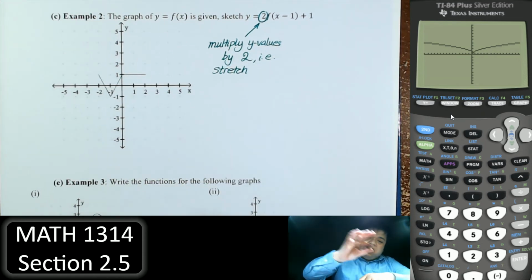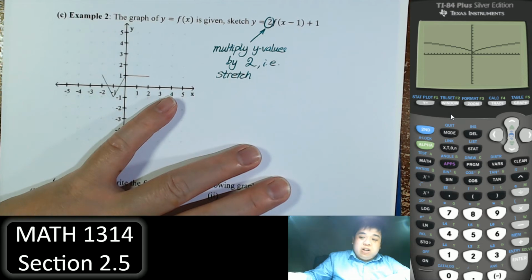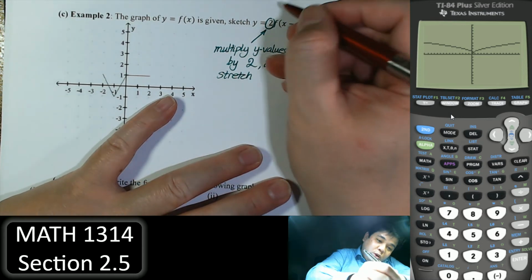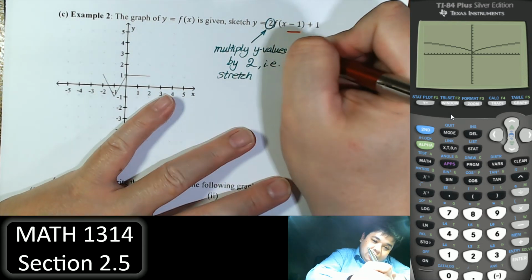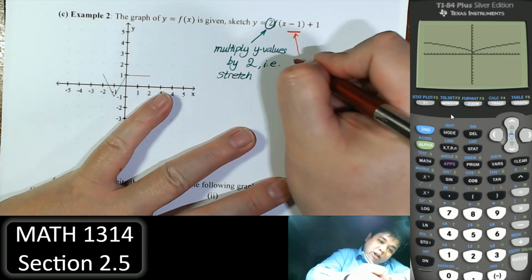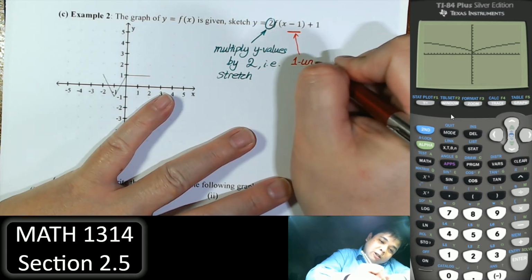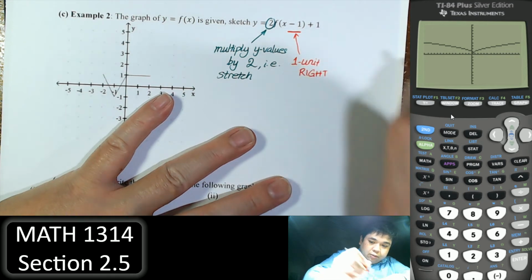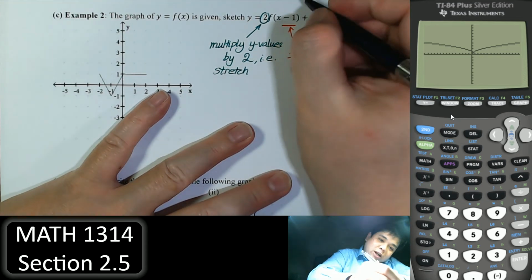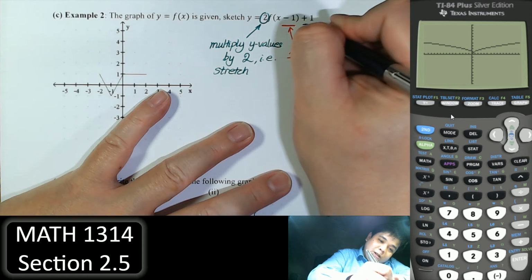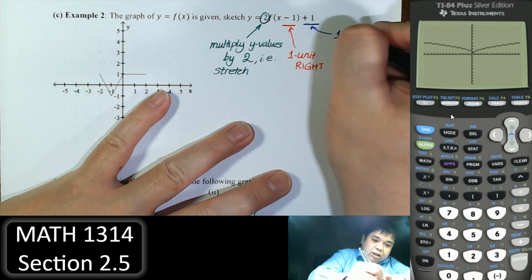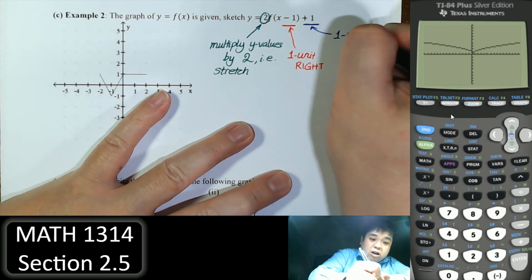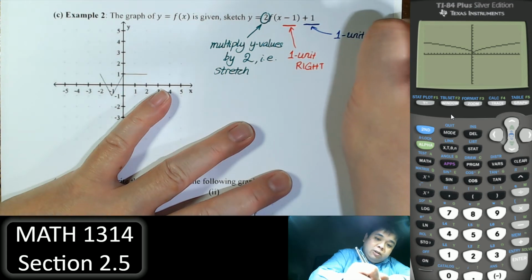So I'll determine the order of the operations later. And then there's the minus 1. So this is 1 unit to the right. And the plus 1 here, 1 unit up, because that's on the outside of the function.